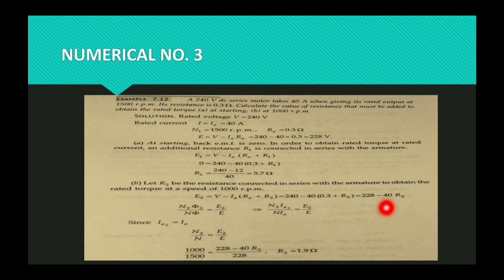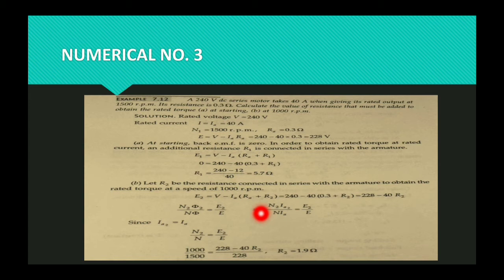Now we have to find R2. We don't know the value of R2. From that equation, if we know the value of rpm, that is 1000 rpm, we can write N2 into phi 2 by N1 into phi 1 equals E2 by E. We know that in a series motor, phi is proportional to IA, that means the flux is proportional to the armature current.